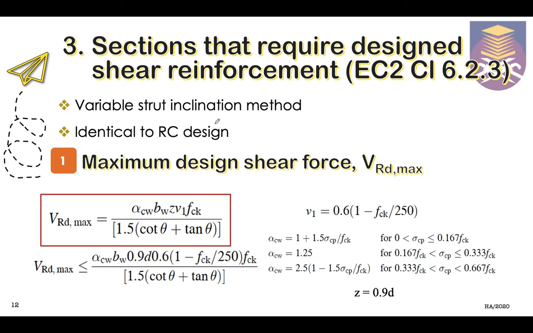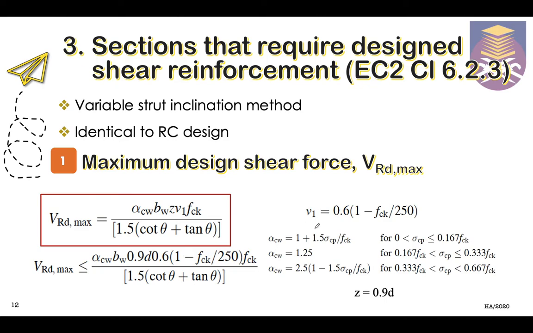It is identical to RC design, whereby we compare our VED value with the VRD,max value. This is the equation that we are going to apply, which is similar to the equation that we have used before, only that now we are going to consider the value of sigma CP.